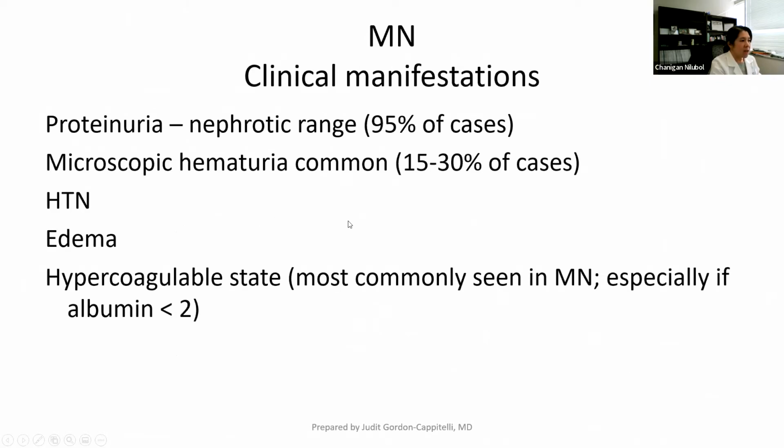So again, they come in with nephrotic range proteinuria. In the majority of cases, they commonly have microscopic hematuria with membranous nephropathy. Typically on board questions, this is the type of glomerular disease that is most prone to a hypercoagulable state, especially if the albumin is less than 2.